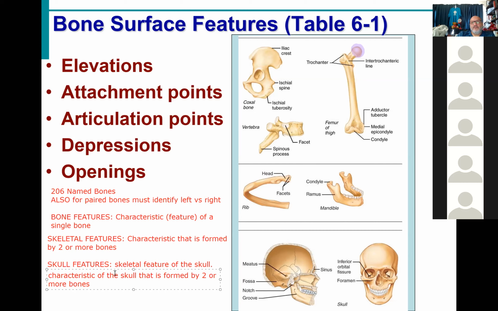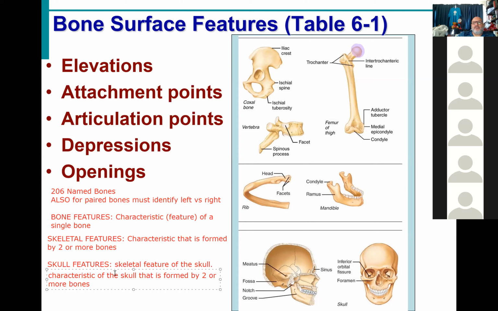All right? So what we are going to be talking about now are characteristics of the bone and characteristics of the skeleton. These are some confusing terms, these bone feature and skeletal feature terms, right? Things like trochanters and tubercles and tuberosities and condyles and processes and all these things. And as random as it seems, there is some meaning and method to these.